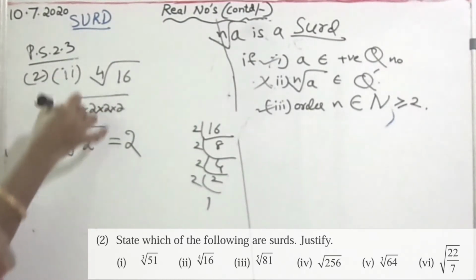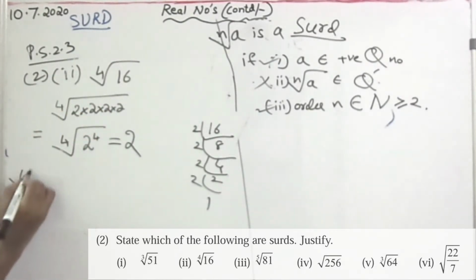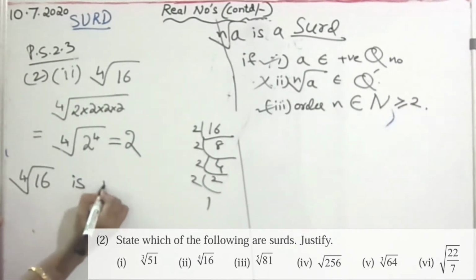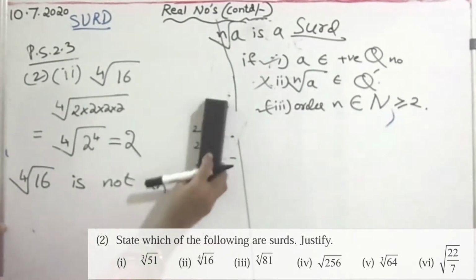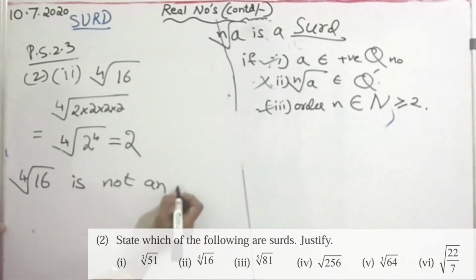So you can first show this working, then you can write fourth root of 16 is not an irrational number.